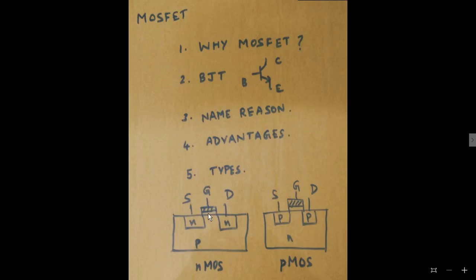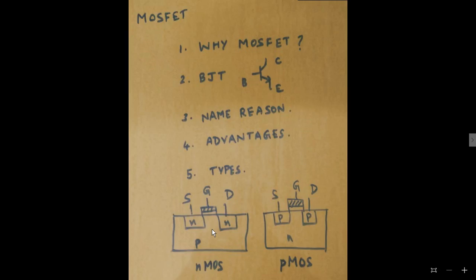The entire operation of MOSFET is based on the electric field created. I'll explain that in the next slide. So this is metal, this is oxide, semiconductor, and field effect transistor is because the entire MOSFET concept is based on the electric field created. So this is the reason behind the naming of MOSFET.